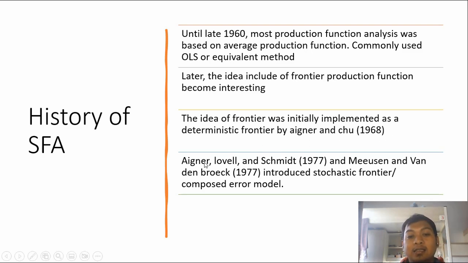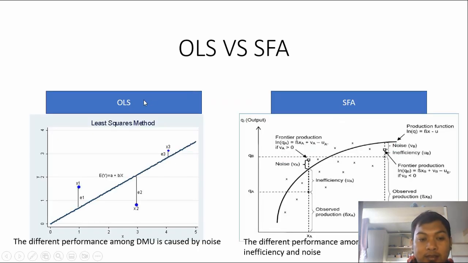And then Aigner, Lovell, and Schmidt, and Meeusen and Van den Broeck introduced the stochastic frontier analysis.